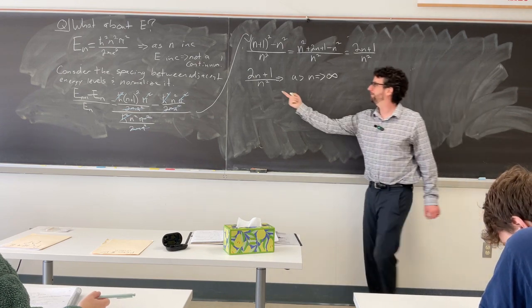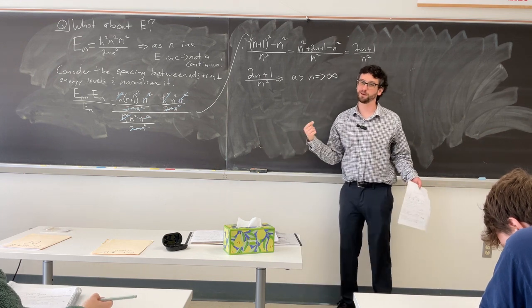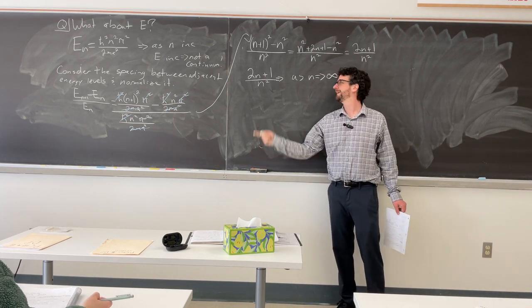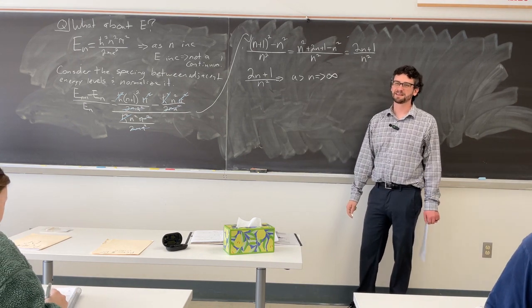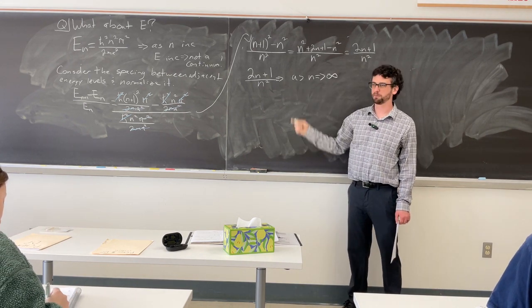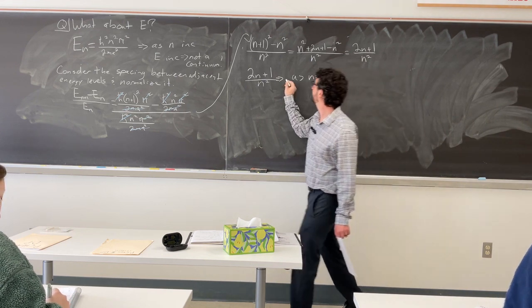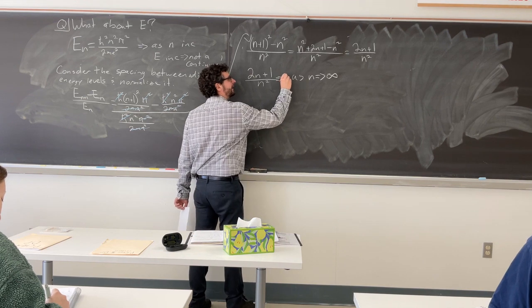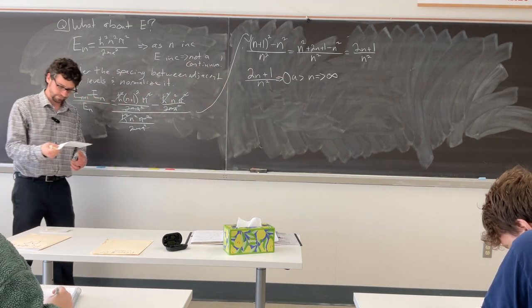Yeah, the bottom gets bigger faster than the top. They're still both infinite, but which one's a larger infinity? The bottom one? Okay. So what does that mean that this thing will approach? Really small? Give me a really small number. Yeah. It's going to end up going to 0.